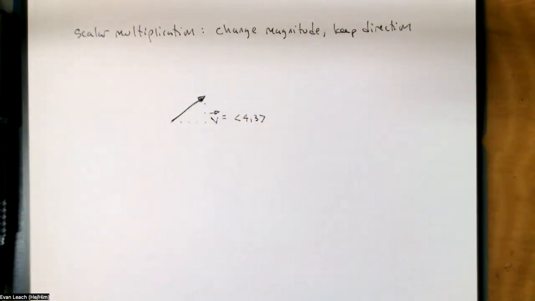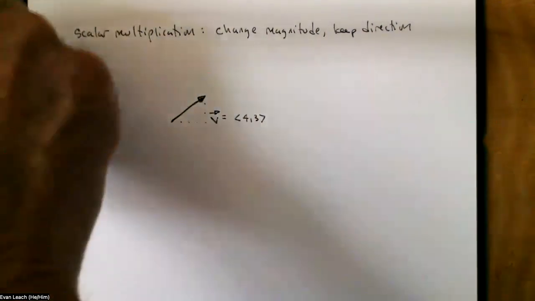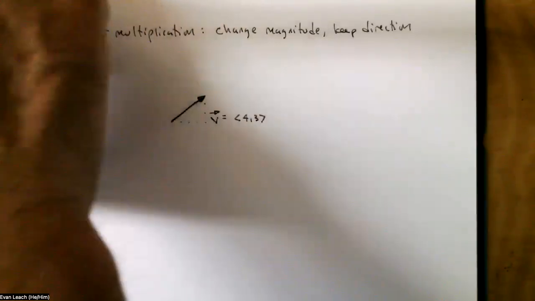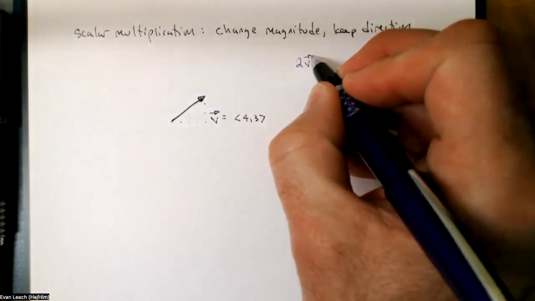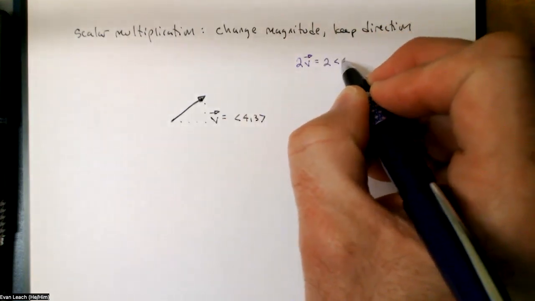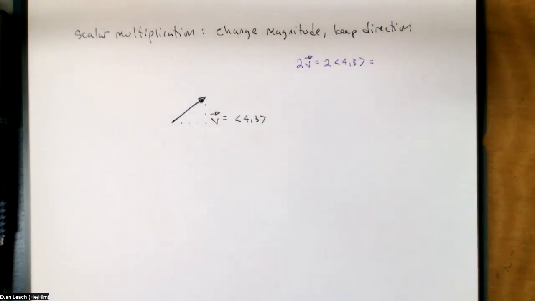So if the vector v is 4, 3, if I multiply v by 2, the vector 2v, if we multiply a vector by a scalar, all we do is multiply the components by that scalar.